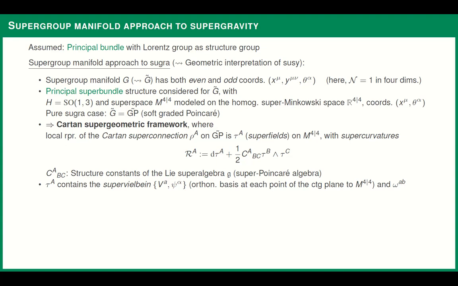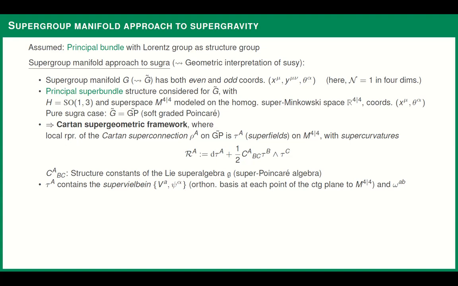And tau A, the local representative of the Cartan superconnection, contains the superfield which is the orthonormal basis at each point of the tangent plane to superspace, and also omega, the spin connection, but as a superfield. Now all of these objects are superfields. The bosonic field is actually still a superfield, because it depends on x and theta, tied with the fermionic field.